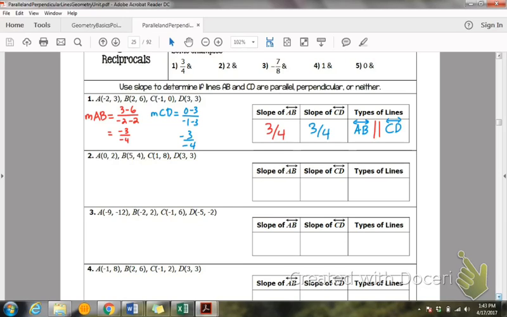Okay, let's try number 2. Do the exact same thing. Try number 2.